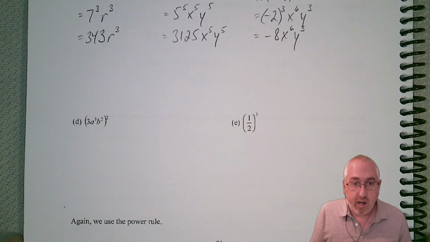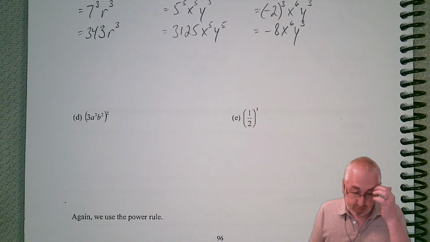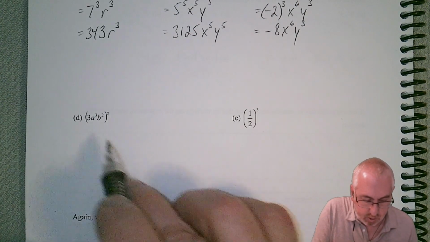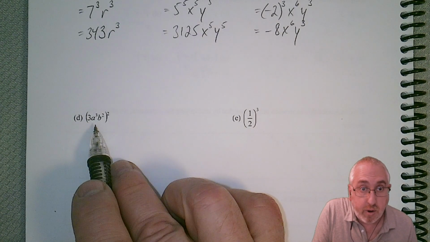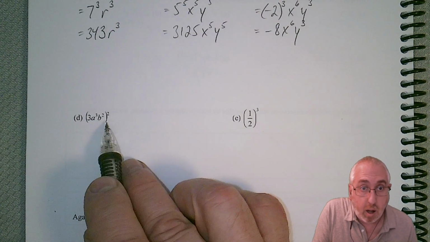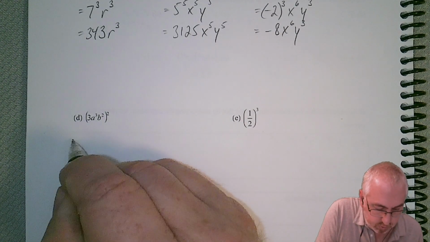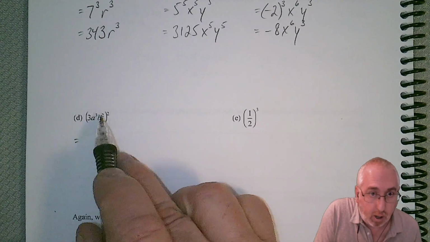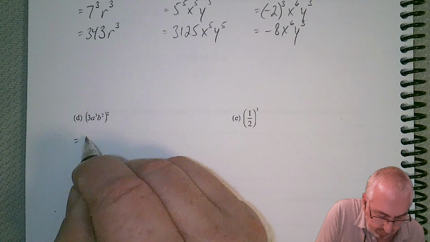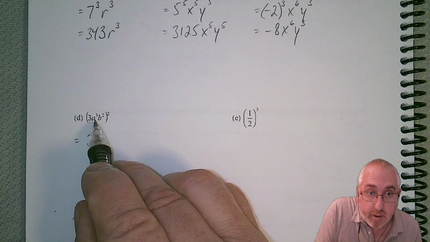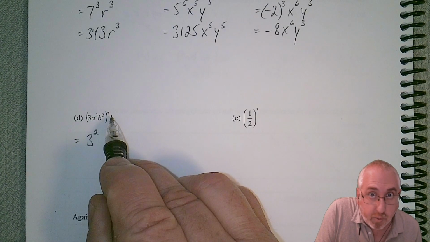All right, let's try a couple more, and then we'll pause the video for the last little bit. So we got 3a to the third, b to the second, all in parentheses, raised to the second power. So again, distribute that to all three pieces. So that 3 is going to get the exponent of 2, a to the third, but we got to multiply it.